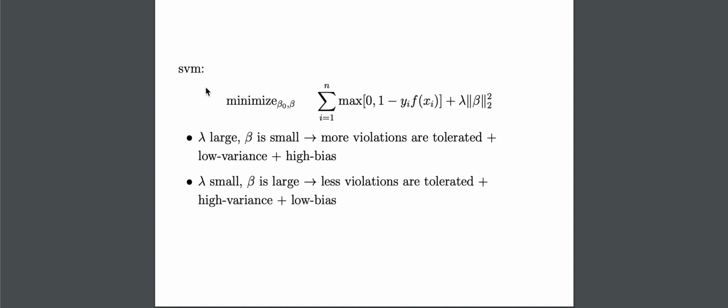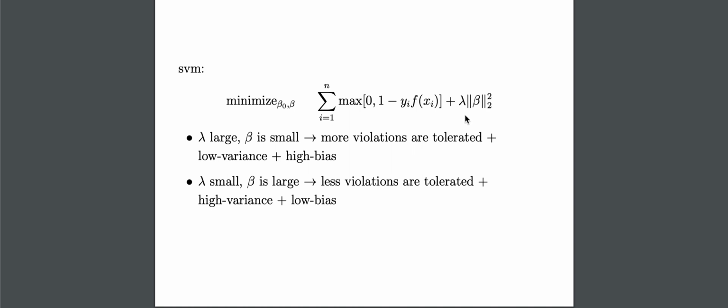So a support vector machine is essentially solving this unconstrained optimization problem. We have removed C, but now, instead of it, we have lambda times the L2 norm of beta, and then we have the max between 0 and 1 minus y_i f(x_i).